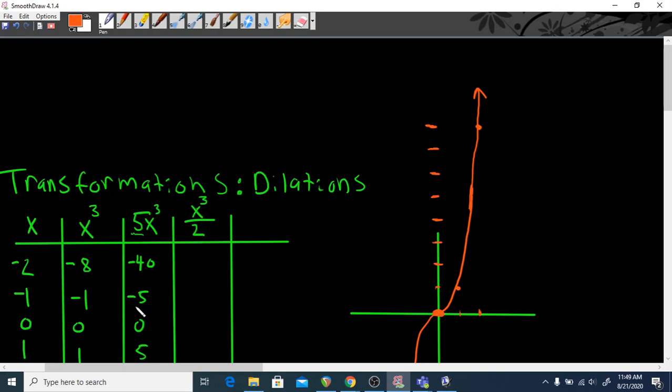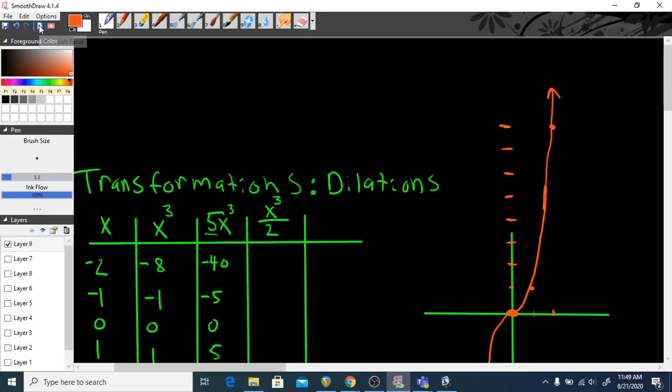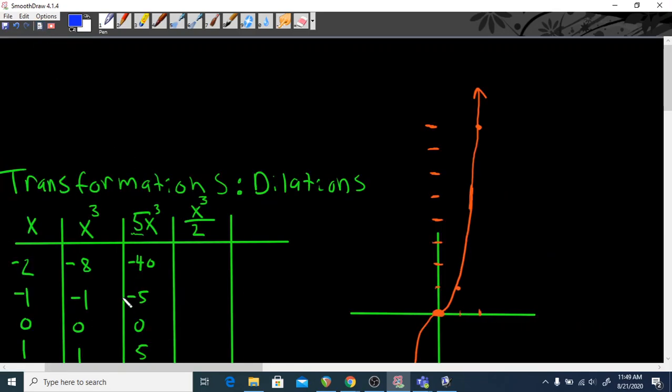But now let's see what's happening with this 5. And I'm sure as you're looking at it, you're probably like, oh, okay, I see what's happening here. So 0, 0 is still there. And now instead of 1, 1, it's going to be 1, 5. 5 times higher. 1, 2, 3, 4, 5. And then instead of 2, 8, it's going to be 2, 40.